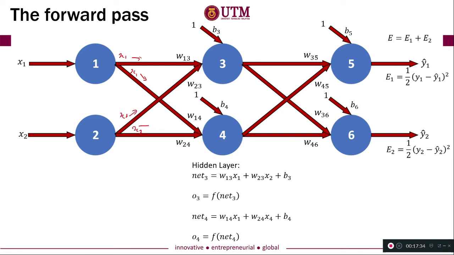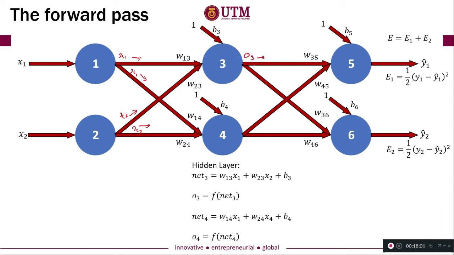So this line carries the X1 signal, which you multiply with this weight, and then X2 going that direction is multiplied with this W23, plus a bias times 1. That is the net 3 expression. Then you get O3, which is the output at this neuron 3.